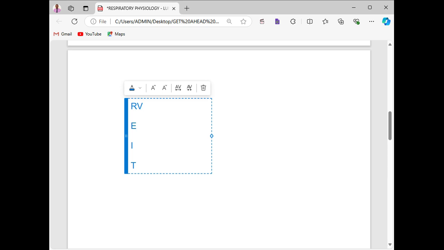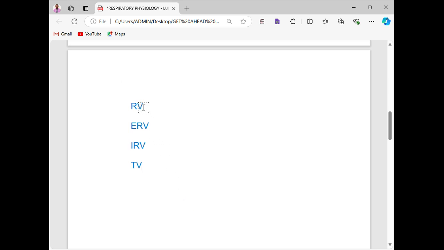When you come to the E, you just add RV, and here you add RV as well. Then here, just add a V. So for starting, you have your residual volume, your ERV, your IRV, and then you have your TV, which is the tidal volume.